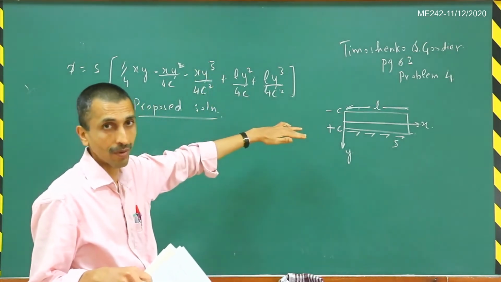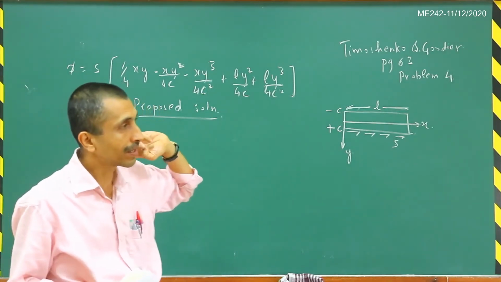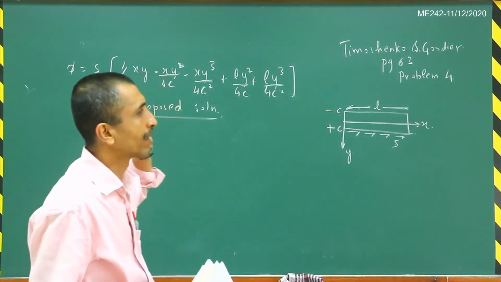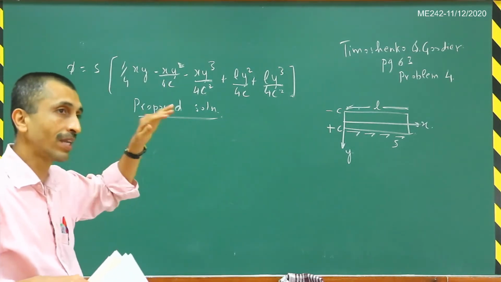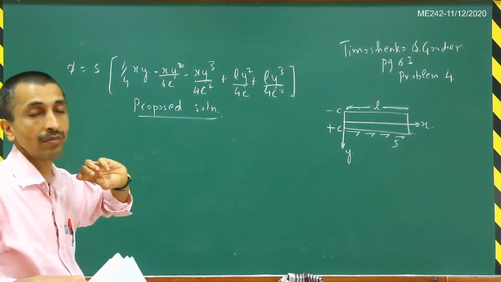So in that sense, this is not the perfect solution for this particular problem. As I said, you may wonder whether we have to keep doing this kind of guesswork. The answer is that you don't have to. There is a systematic way of deriving the Airy stress function, but that is a little bit too complicated.